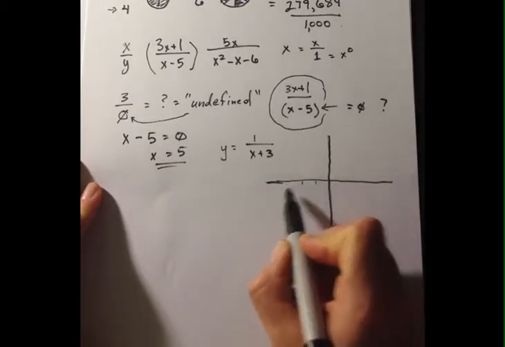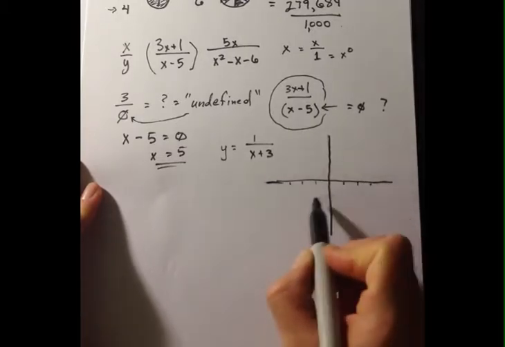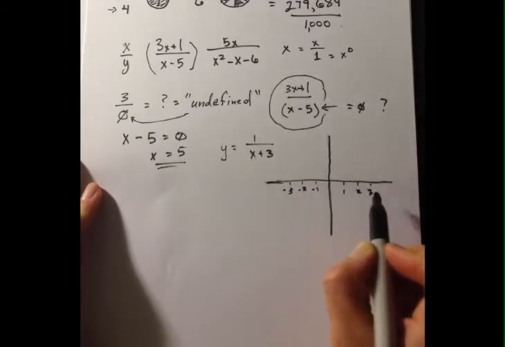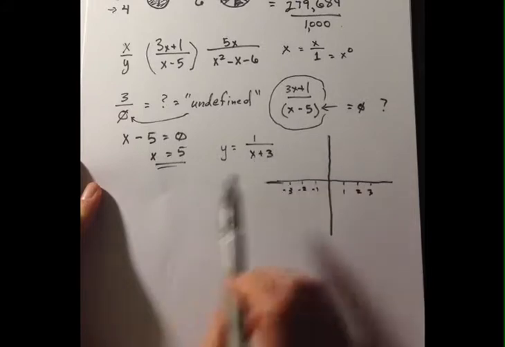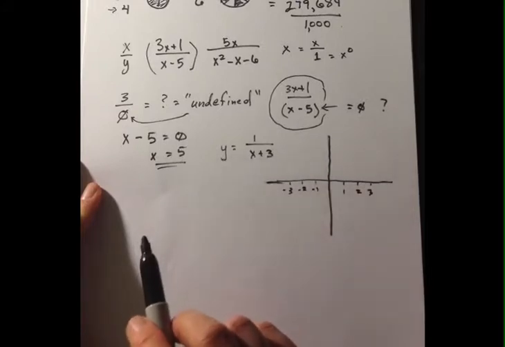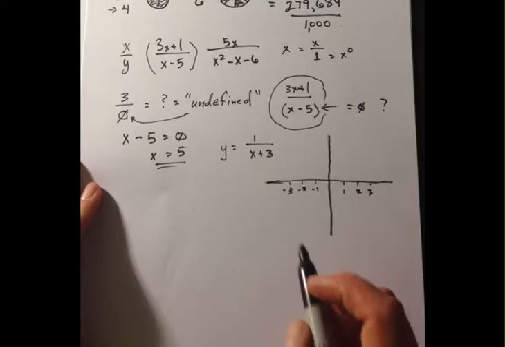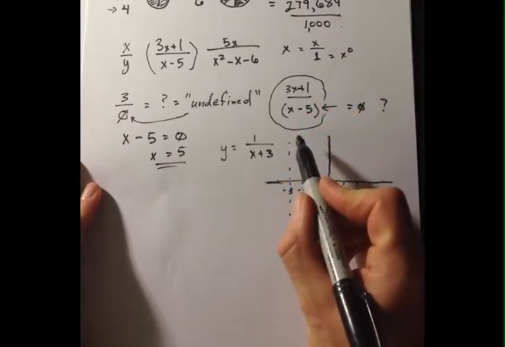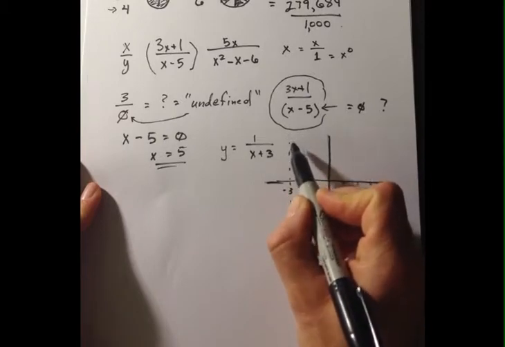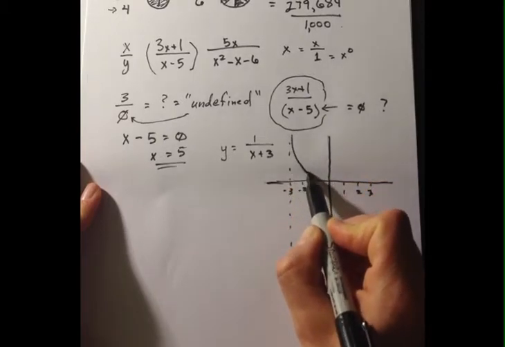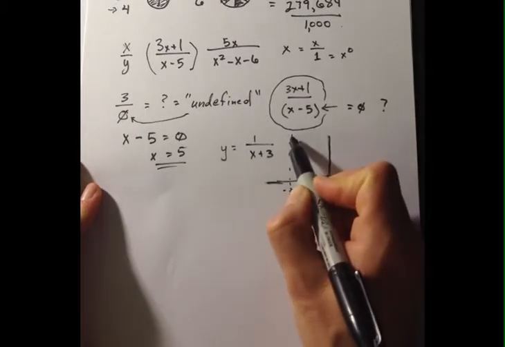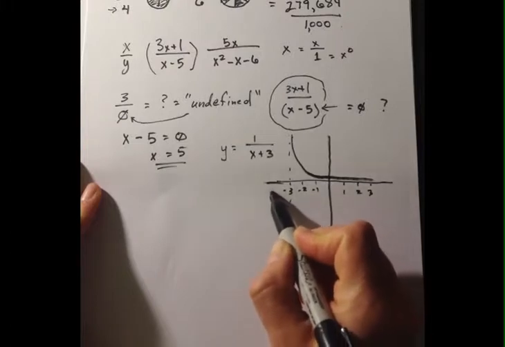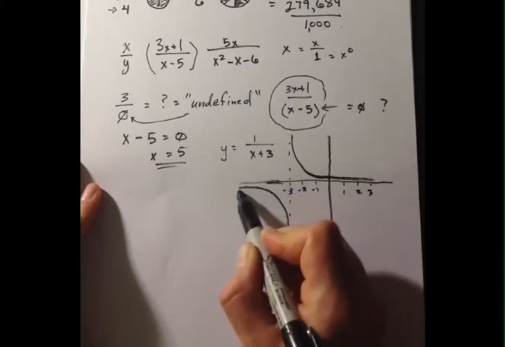I plug in a bunch of values for x and find out what y is. What I'm going to find is that this graph makes a curve that looks like this. And that's part of it. The other part of it is going like this.